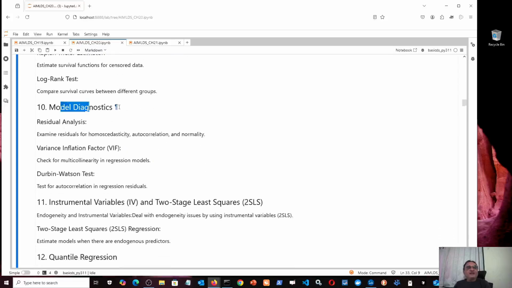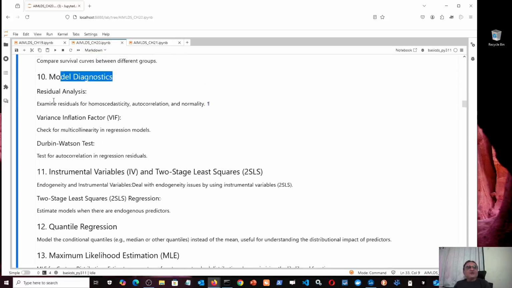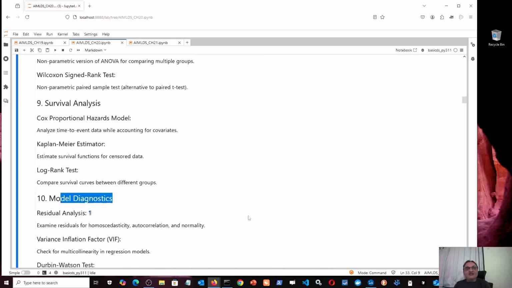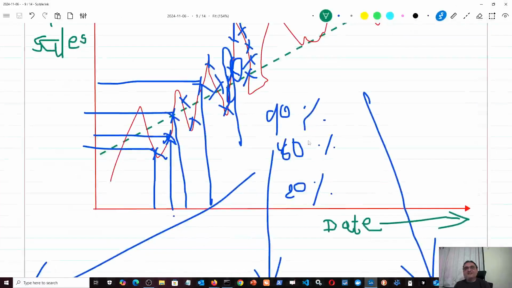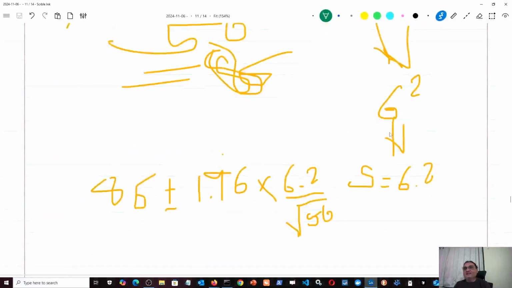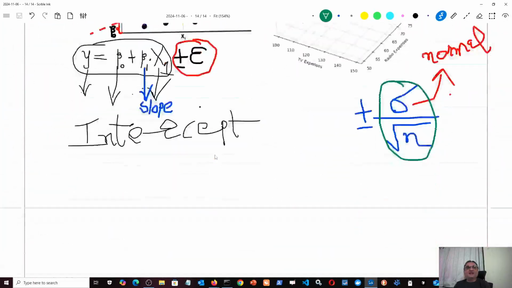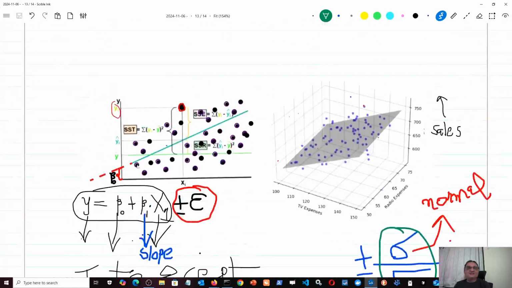Then model diagnostics. Model diagnostics means you have made a model, but you want to know how good your model is. For example, you made a linear regression model. Now you want to know the goodness of fit of this green colored line. There must be some parameters which help me diagnose my model. Or suppose I draw another line of fit. Then the question is, which one is the better line of fit?